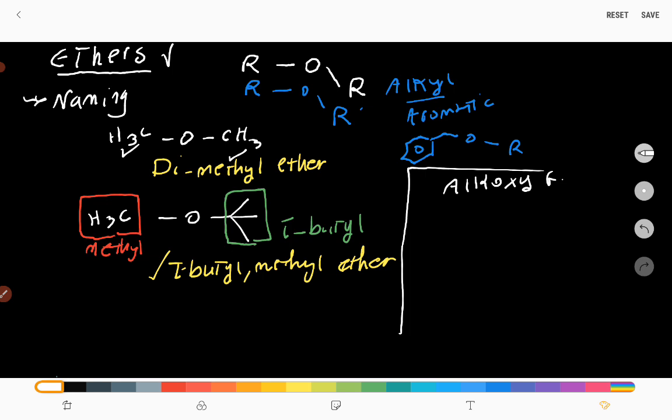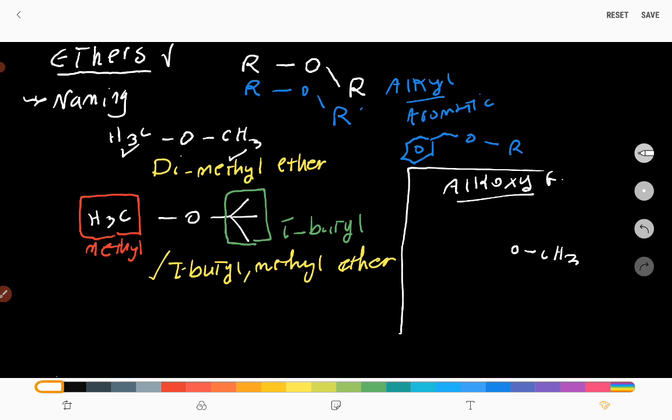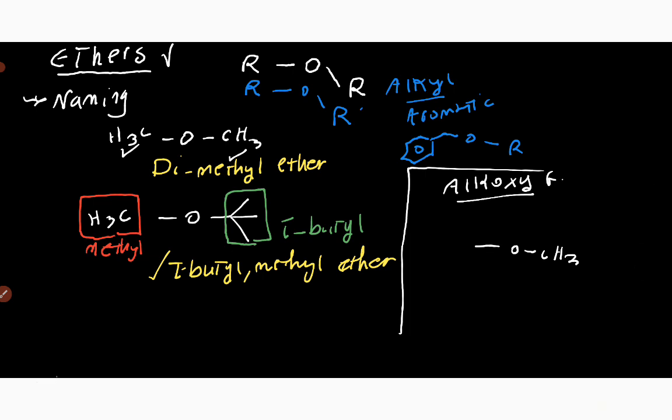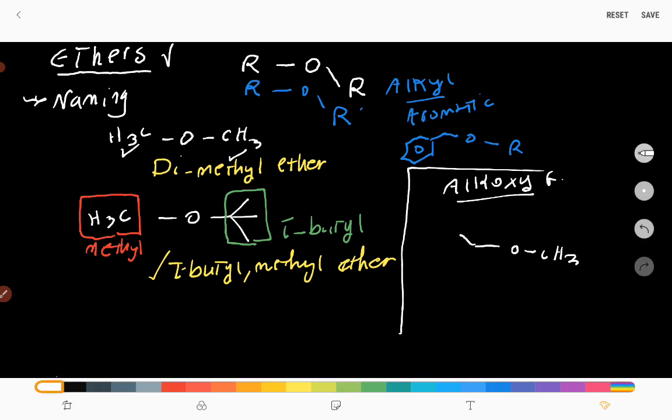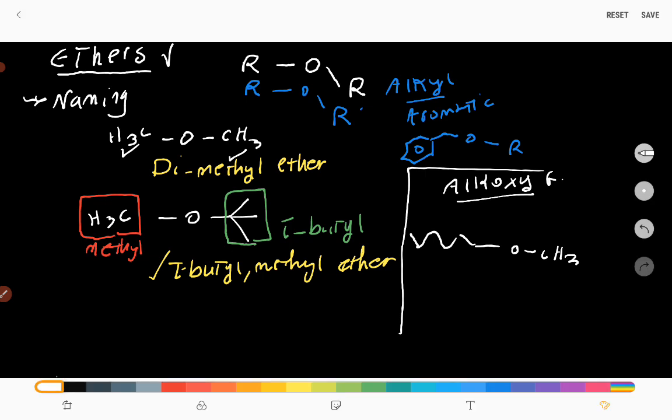What does it mean? For example, you can have this kind of molecule, O attached to methyl on one side, and on the other side attached to 1, 2, 3, 4, 5, 6, a hexane chain.